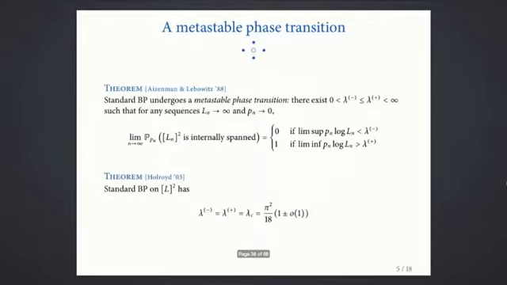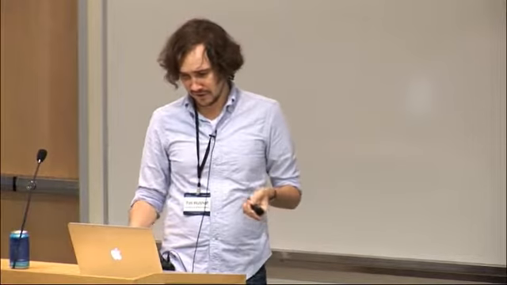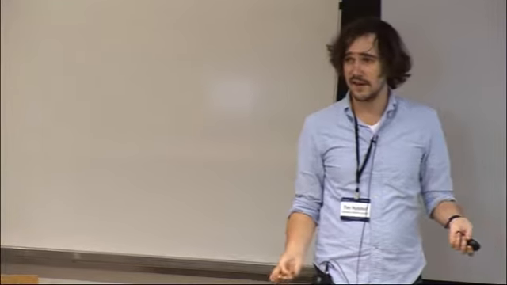So I want to talk a bit about a similar result for anisotropic bootstrap percolation. To express this for anisotropic bootstrap percolation, this is not a very nice way of looking at it. So I would rather look at p as a function of L, and of course we can do that.